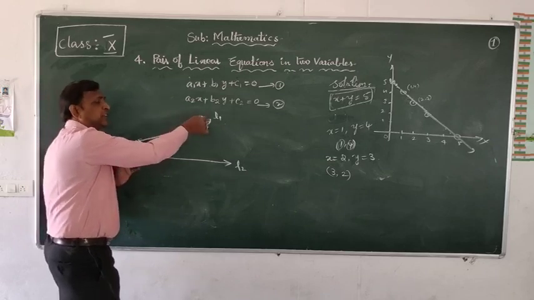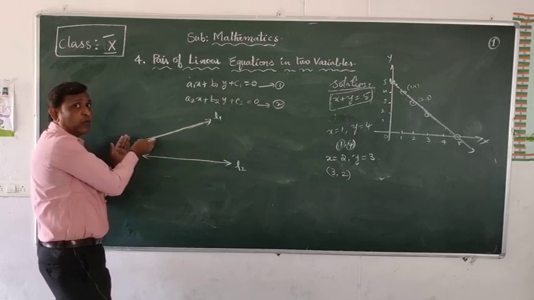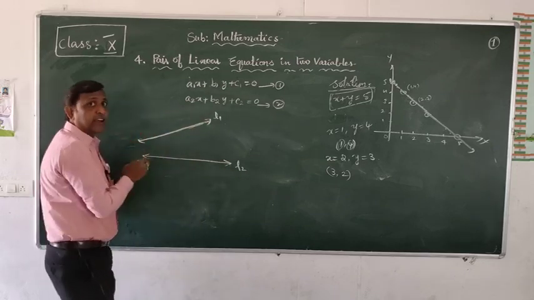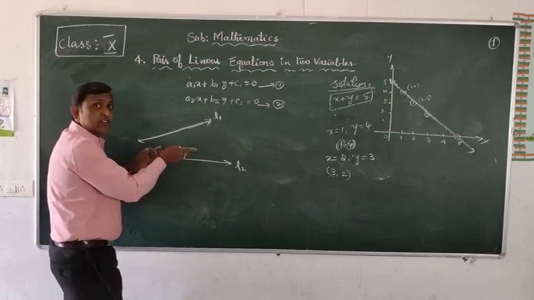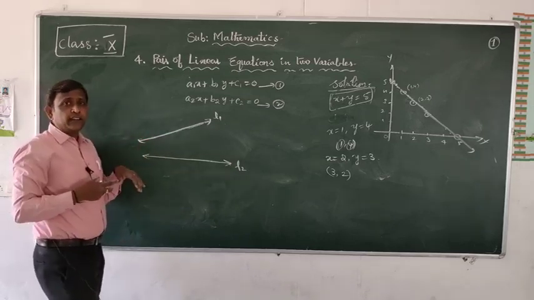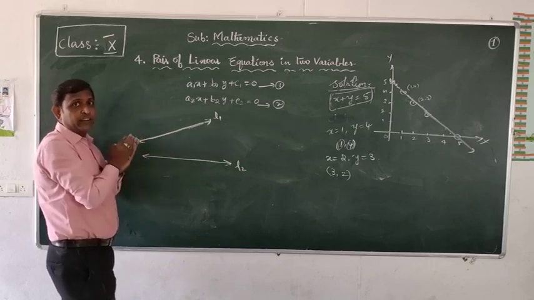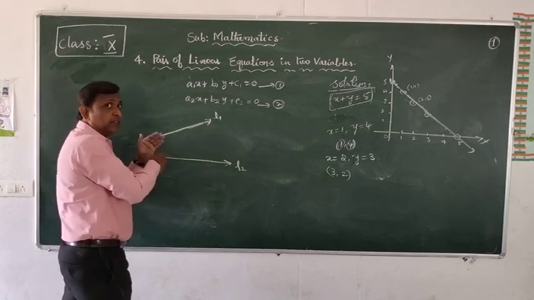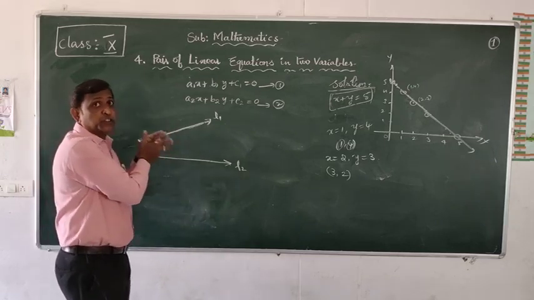Each and every point which is on the line is a solution of L1. And here also infinite many points are there on the same line, and those are the solutions of L2 only. But I want to find the solution of L1 and L2, the pair of linear equations. Understood now?